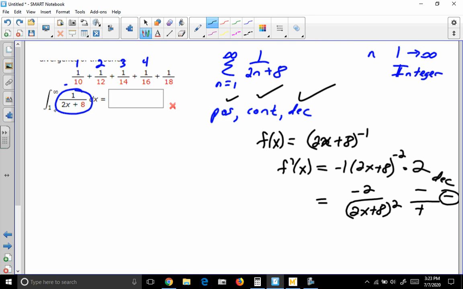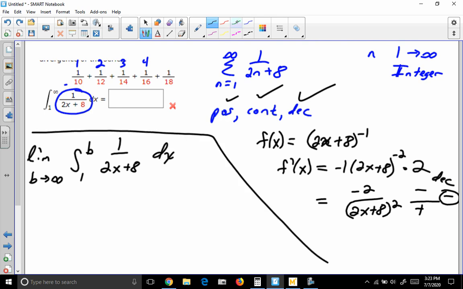So to do the integral test, we want to take the limit of the integral from 1 to b of 1 over 2x plus 8 dx. If we let the denominator be u, then du is 2 dx. So we need a 2 here, and a 1/2 up front.